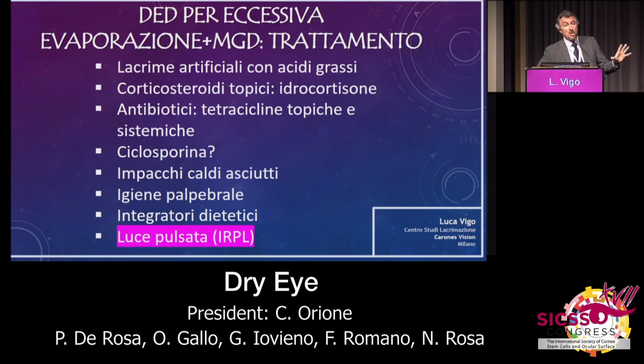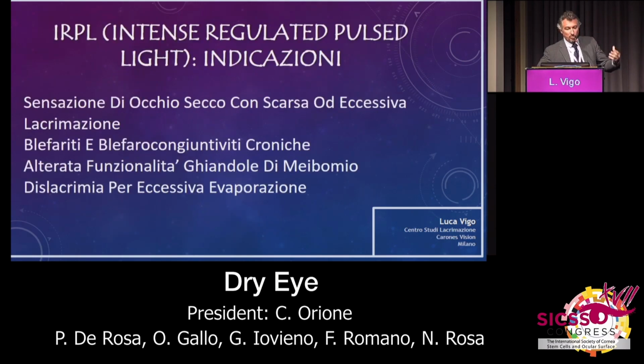So usually my patients, especially at the beginning, I prescribe a general and broad treatment, including hydrocortisone, depending on whether there are other eyelid problems. And then I administer intense regulated pulsed light to have a durable outcome.